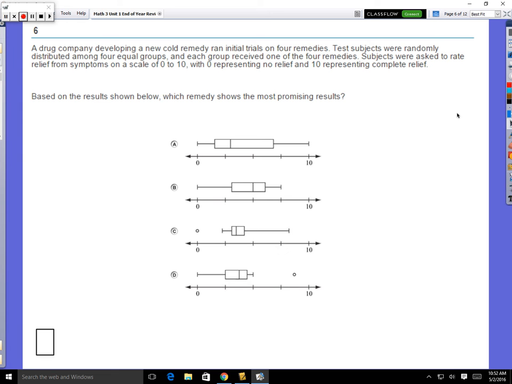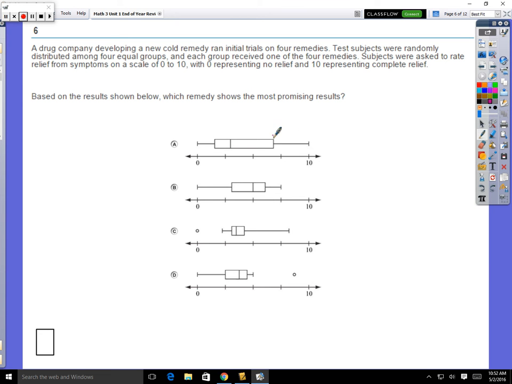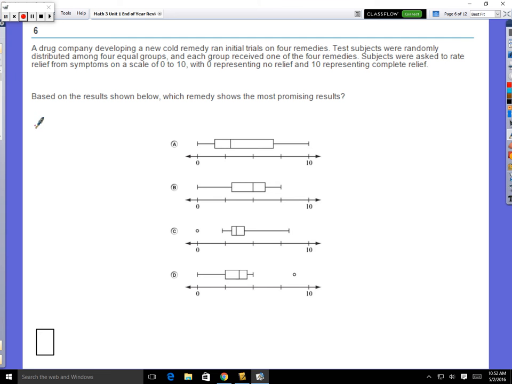Okay, number 6 gives you a box and whisker. Here's what it does. It takes and divides your data into 4 groups. So 25% of the group is there, 25% of the group is there, 25% is there.